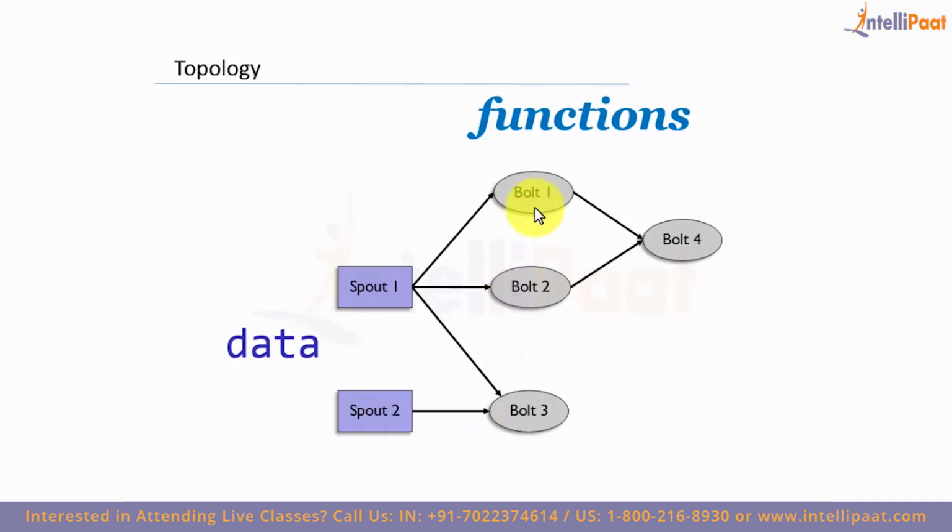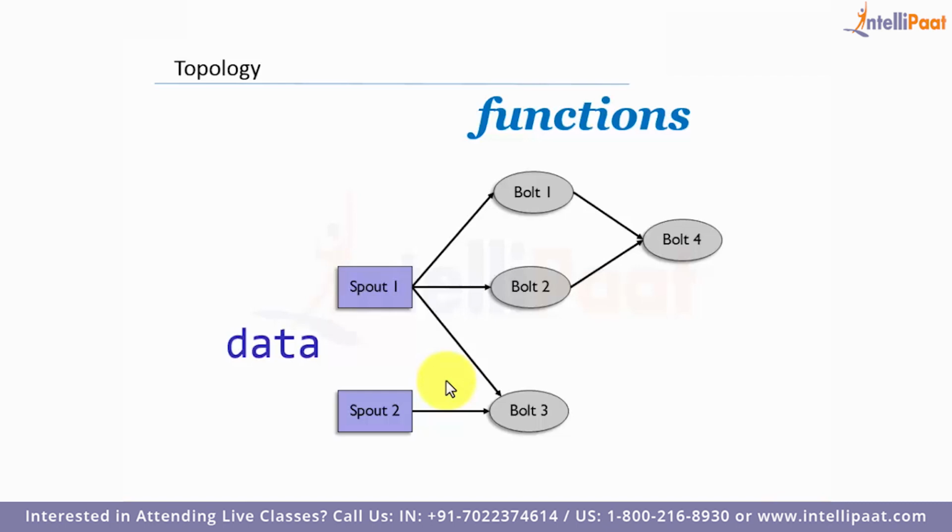For the input from spout 1 to bolt 1 and bolt 2, which are running in parallel, both are doing some sort of processing, and then they write their output to bolt 4, which will receive the processed data from bolt 1 and bolt 2 as its input and again do some transformations on top of it. Bolt 3 receives the data from spout 1 and spout 2, and will have its own separate business logic implemented there.